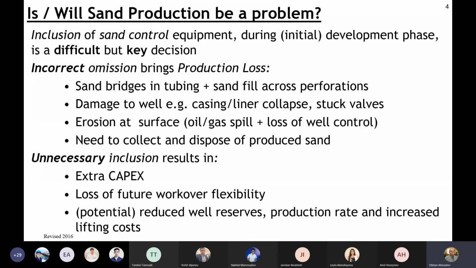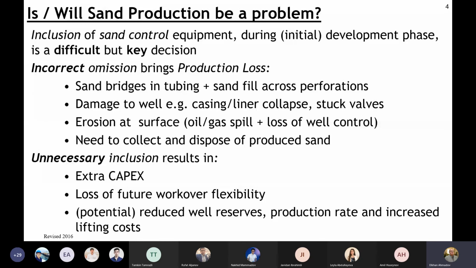Like if we install sand control equipment, then going through this sand control equipment is not easy, or in some cases, in some options, it is not possible. So we limit the potential workover possibilities in this well.